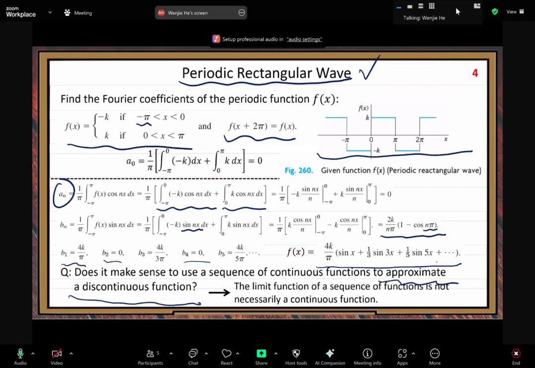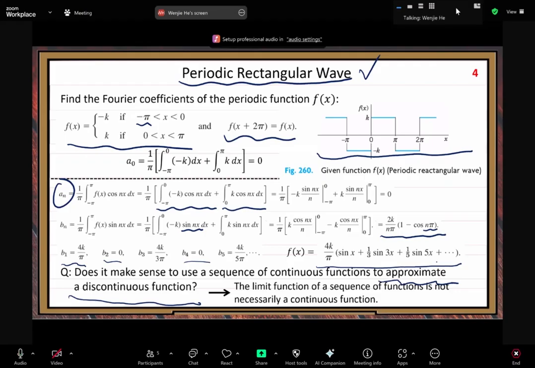How do you predict the behavior of an infinite summation? The behavior could be unpredictable. Could be anything, right?